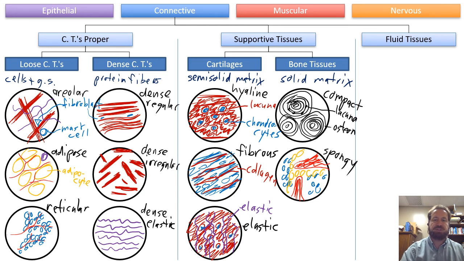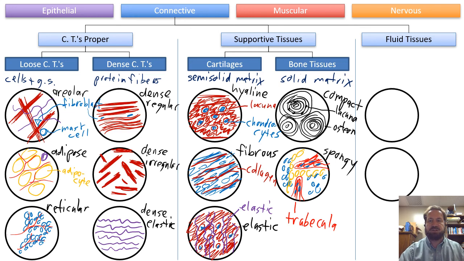Okay, so when you look at spongy bone, you'll see 3 tissues for the price of 1. You'll see a reticular tissue containing the blood-forming red bone marrow. You'll see some adipose tissue, and you'll see the spongy tissue itself, which is organized into these spikes called trabeculae. Okay. If you look carefully, you'll notice that the trabeculae also have little lacunae with osteocytes in them. Okay. So that's the supportive tissues.